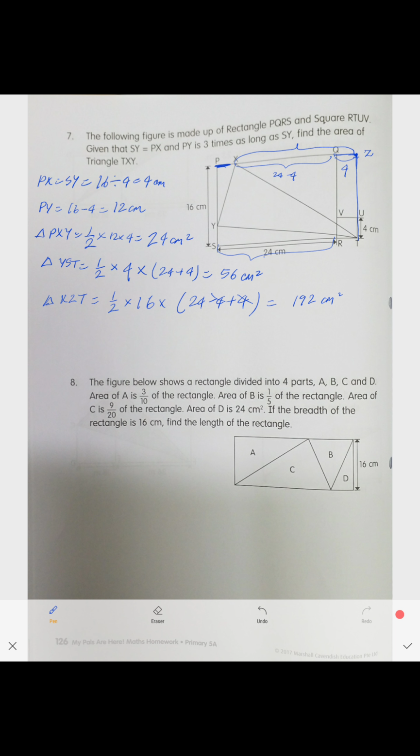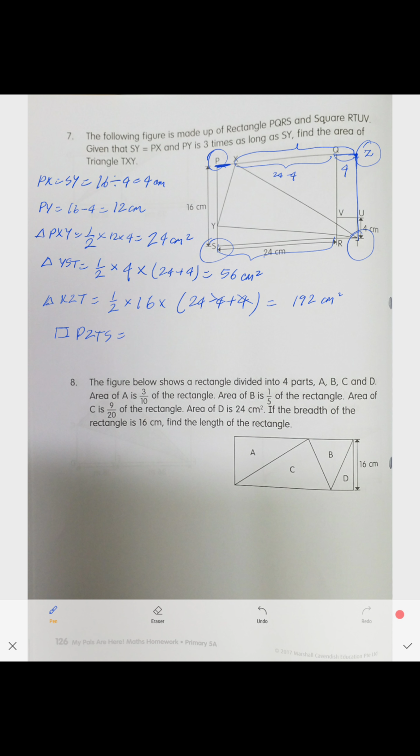So we found it, right? XZT. And then now we need the total rectangle. Total rectangle is PZTS, right? PZTS is what?